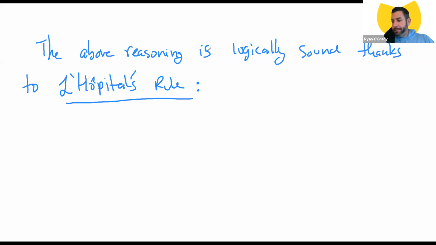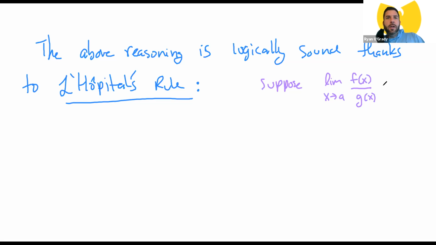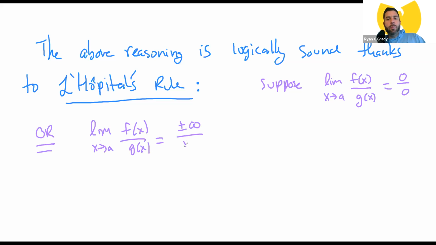So it says this: suppose the limit as x approaches a of some expression which I'll call f divided by another expression g equals 0 divided by 0, or this limit equals plus or minus infinity over plus or minus infinity.